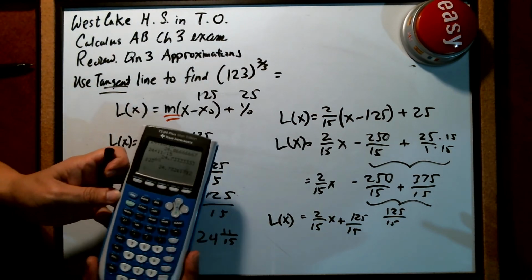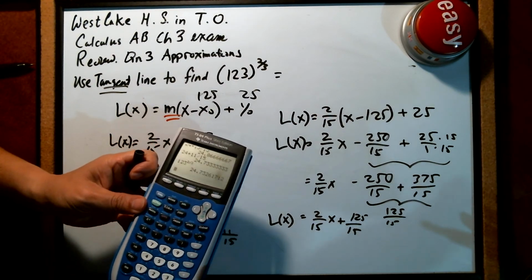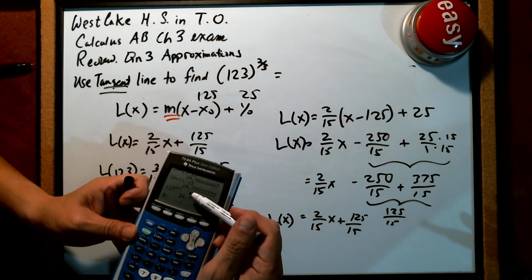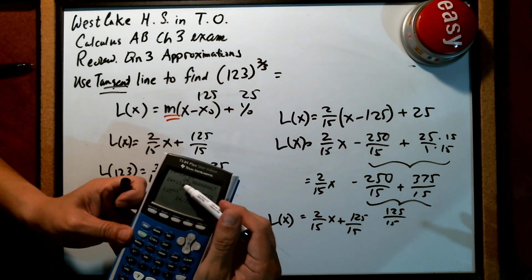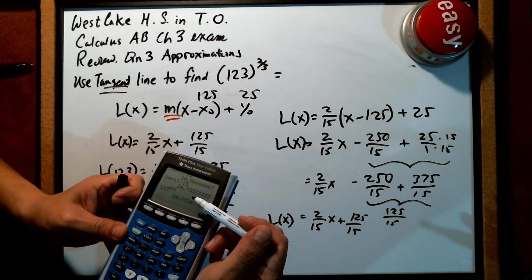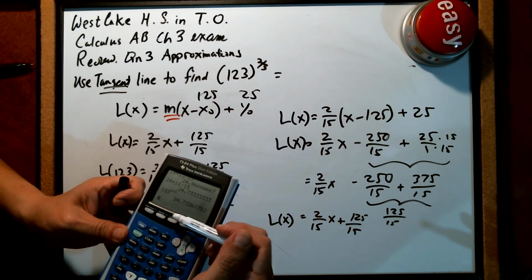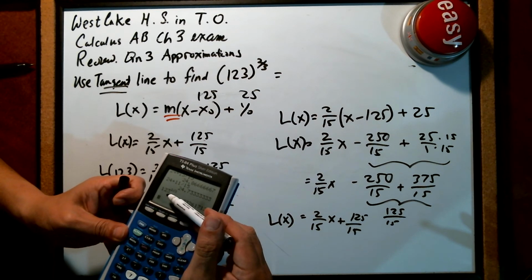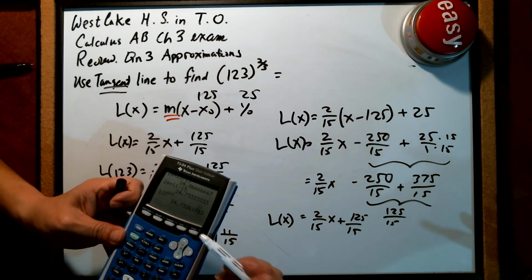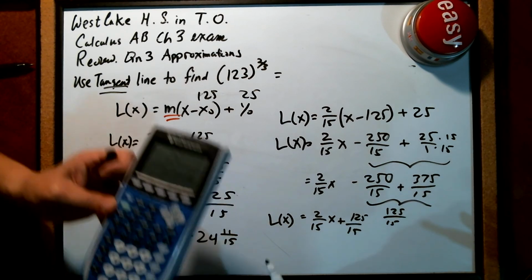What I did here, if you can see it, was find out what 24 plus 11 over 15 turns out to be: 24.733. And if I did 123 to the 2/3 power, it's 24.7326.